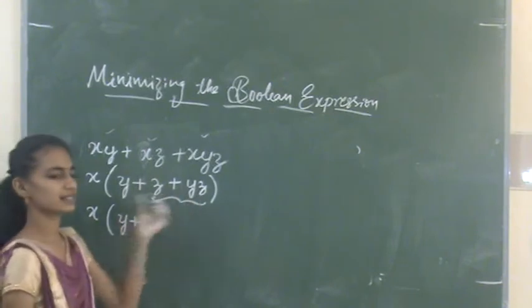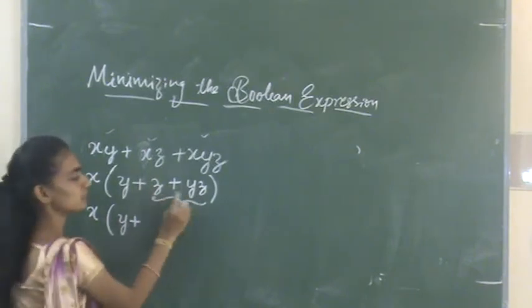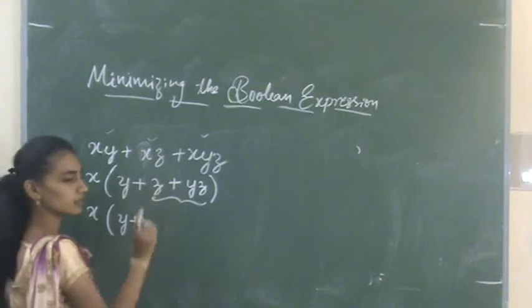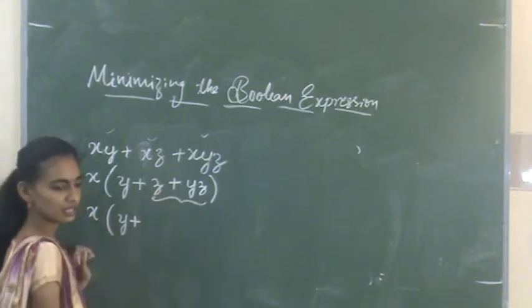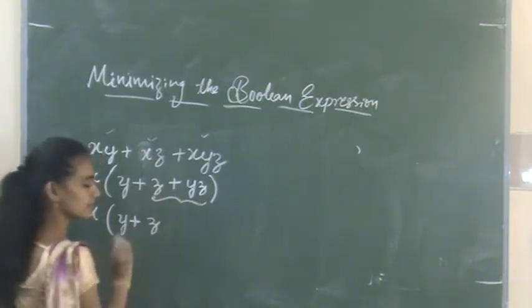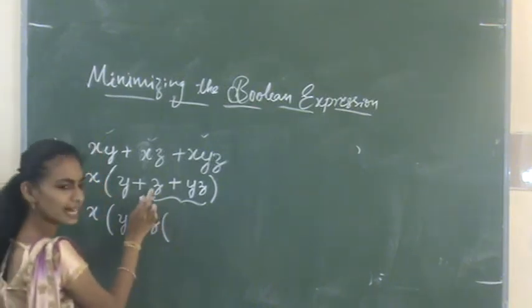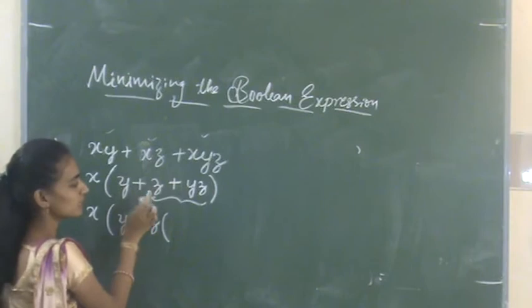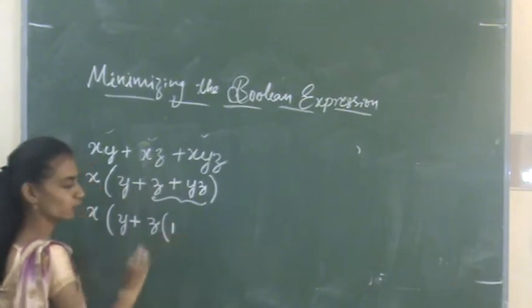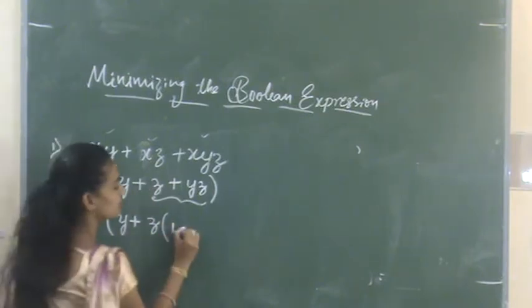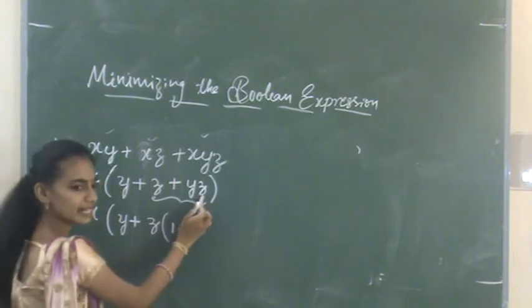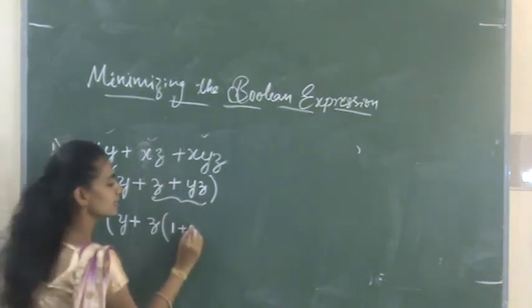So can I take z as a common factor in these two terms? Here also z is there, here also z is there. So I am taking z as a common factor. And then if I take z as a common factor here, the remaining is 1, right? Plus, if I take z as a common factor here, the remaining is y.